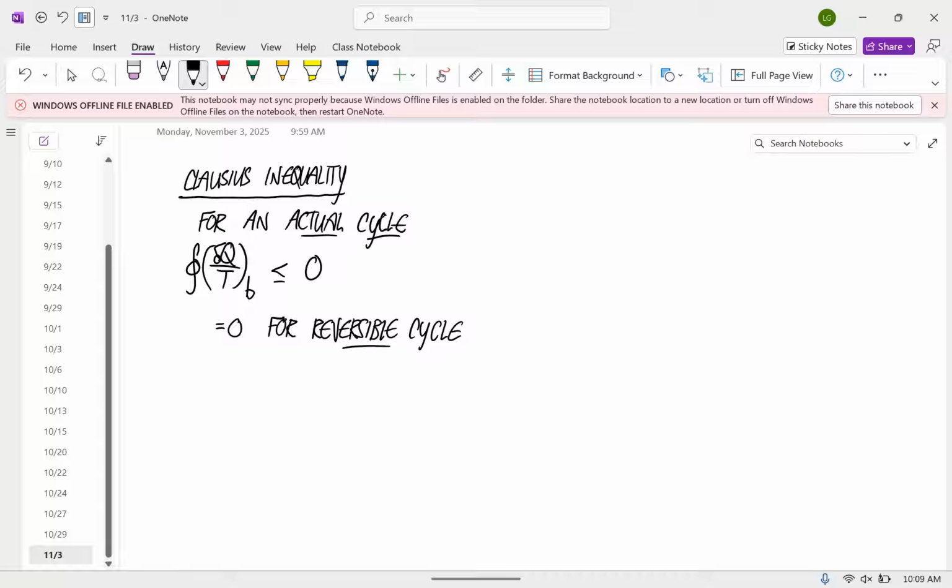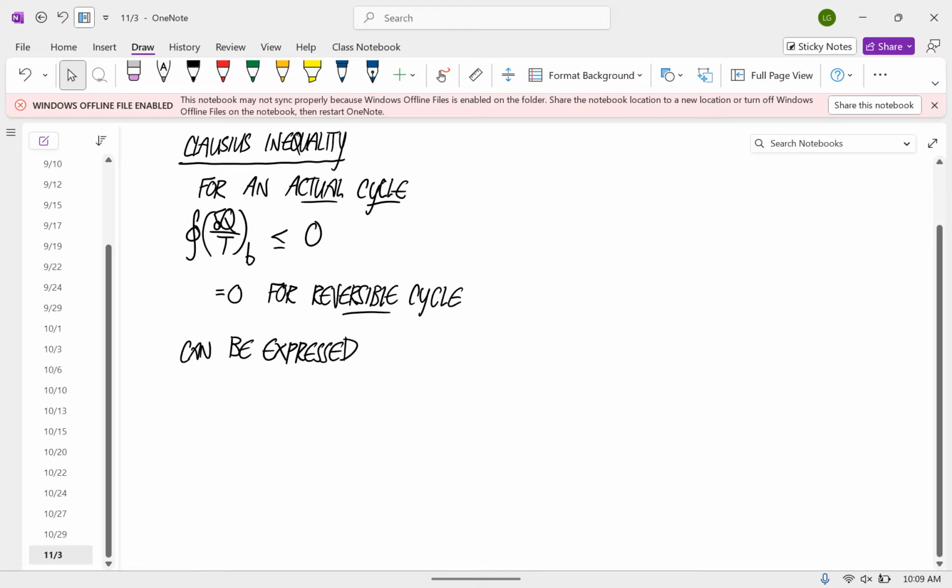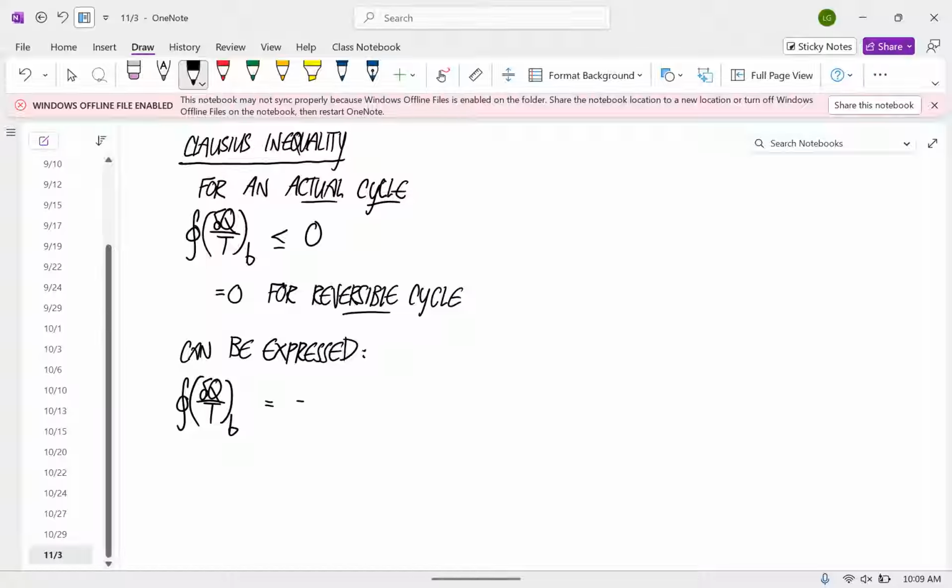You can also express this, and this is kind of hinting at something we're going to do when we get to entropy calculations, as the integral over the cycle of all the heat transfers divided by the temperatures where they're transferred at the boundary is equal to some negative constant sigma.